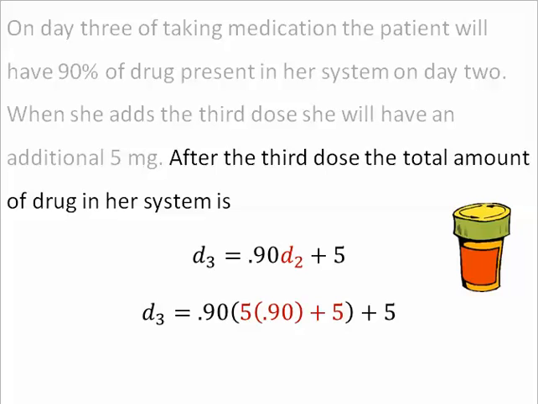We put in what we found for D sub 2, and notice D sub 3 is 5 times 0.9 to the 2 power plus 5 times 0.9 to the 1 power plus 5 times 0.9 to the 0 power, if you will allow me to put it that way.